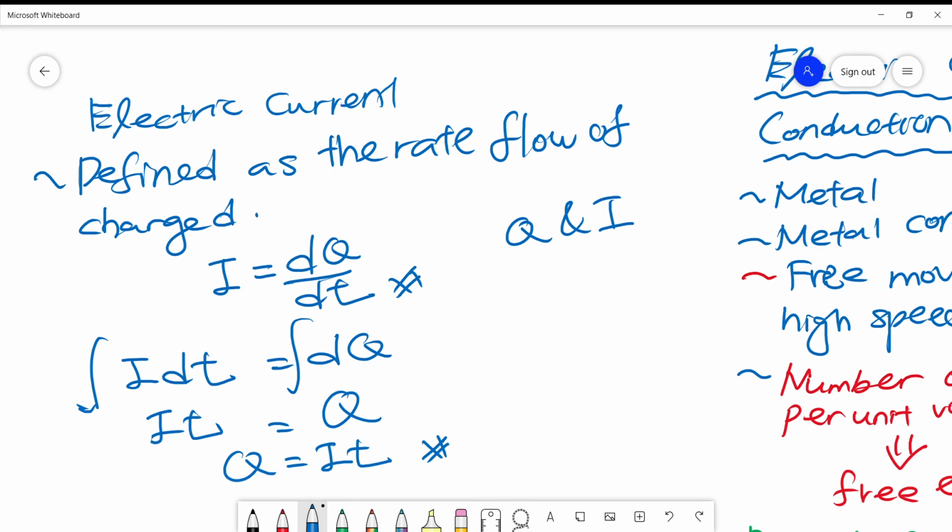Since the charges are carried by the electrons, as I said at the beginning, the electrons here mean the free moving electrons inside the metal. Hence the electric current is caused by the flow of free electrons.